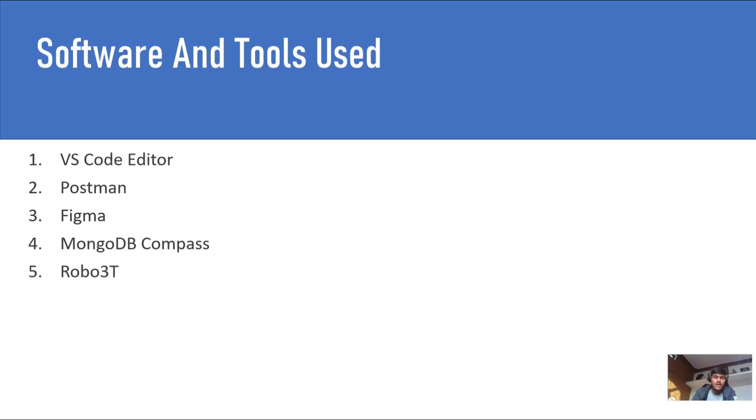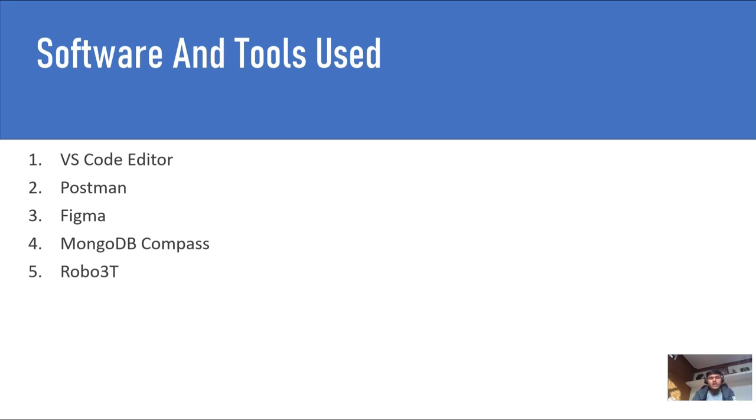Secondly, I have used Postman, which is simply a tool used to simulate the front end part. Then Figma is a designing tool which is used to design the UI. After that we have MongoDB Compass, which is used to connect with the MongoDB server and maintain the database activities.